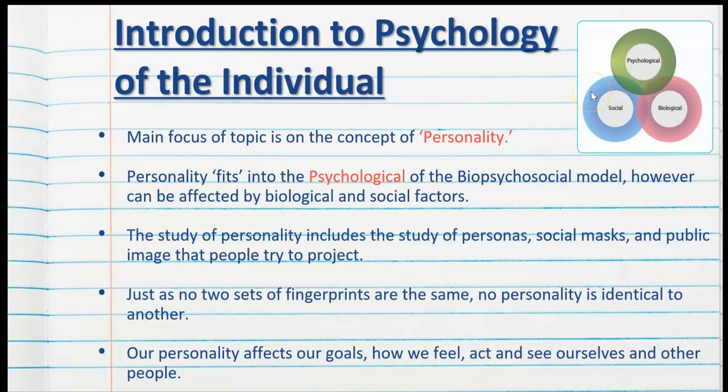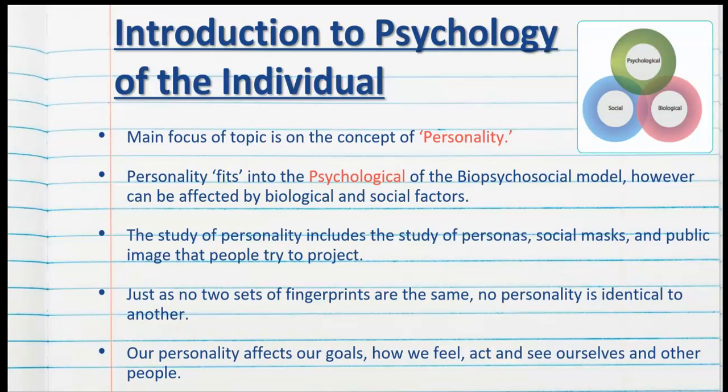So the study of personality includes the study of personas, social masks, and public image that people try and project. Just as no two sets of fingerprints are the same, no personality is identical to another. And this, for psychology and psychologists, can make it tricky to measure it effectively and accurately. But we'll talk more about that once we go along further in this topic.